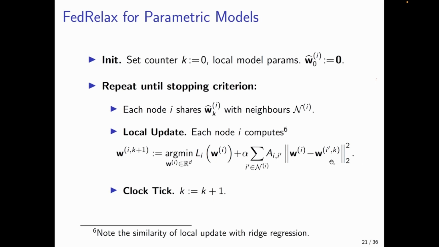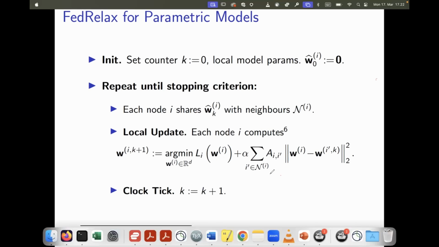Yeah, and it's a nice exercise. You can write out, or reformulate, this sum here as another penalty term, which is without the sum. So you just have W_i and some, let's call it, W tilde.